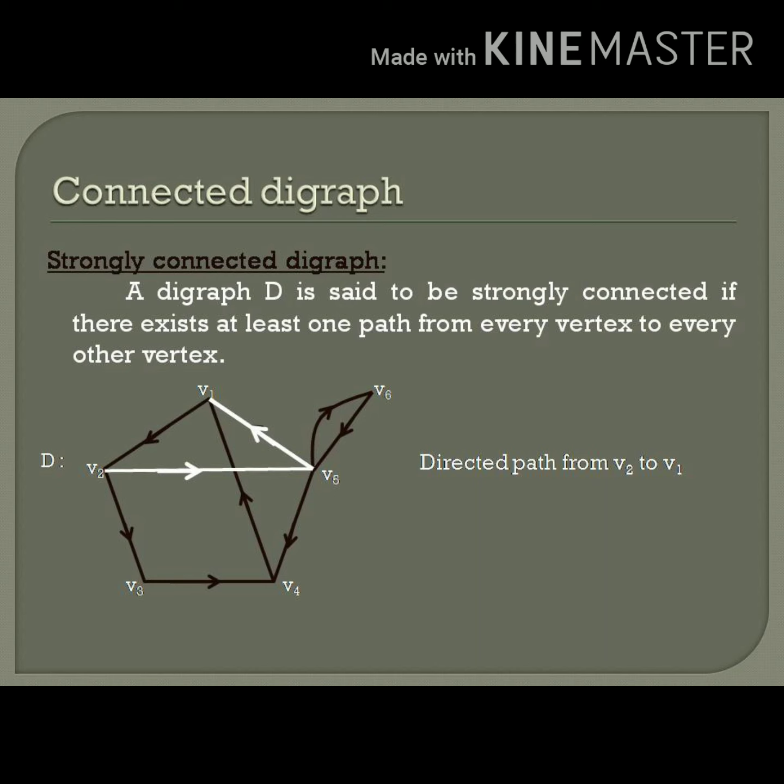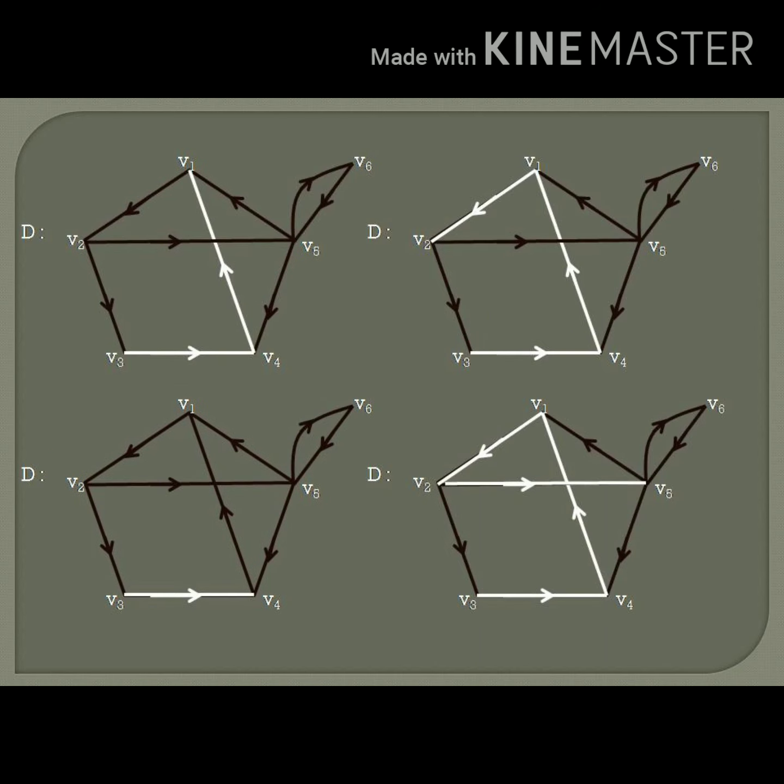V2 is connected with V1, V3, V4, V5, and V6. Just observe the white lines in the graph. Similarly, this graph shows the paths from vertex V3 to all other vertices. So this type of graph is called a strongly connected graph.